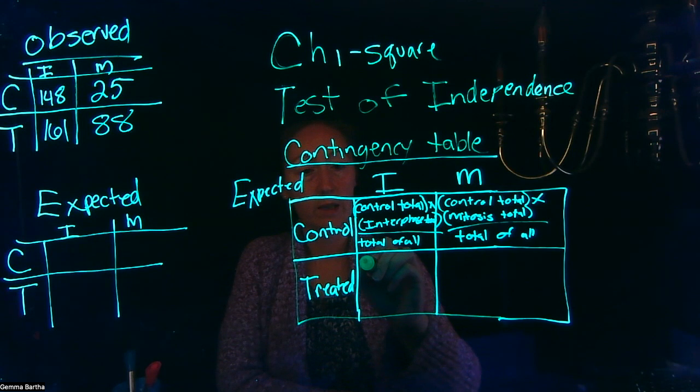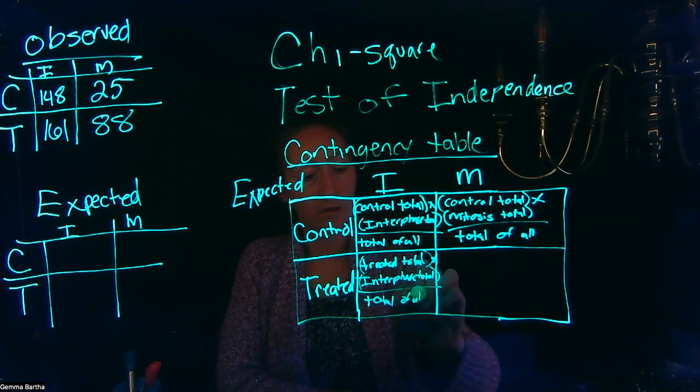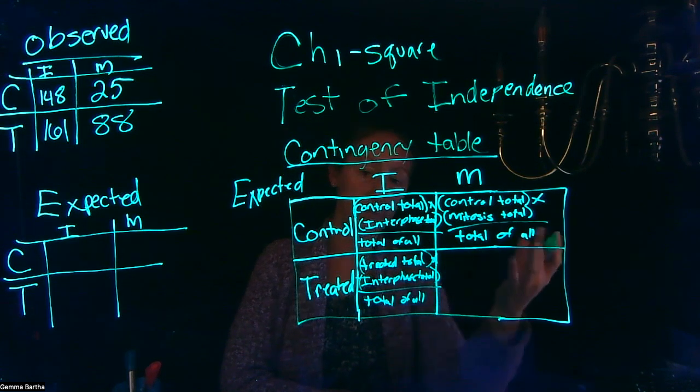All right, so this one here, you would have your treated total times your interphase total over total of all. And what do you think goes here?